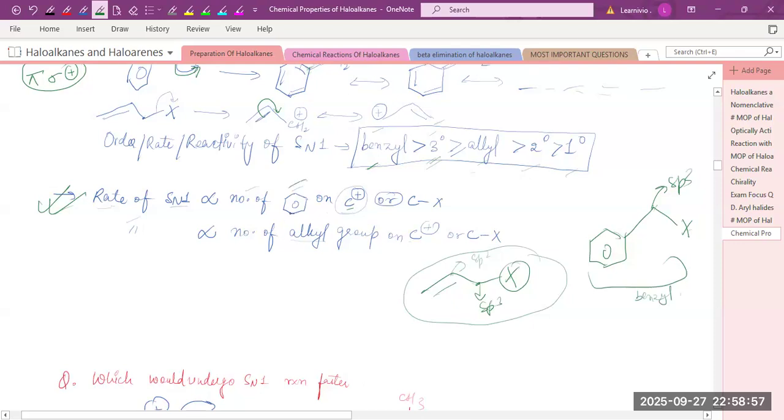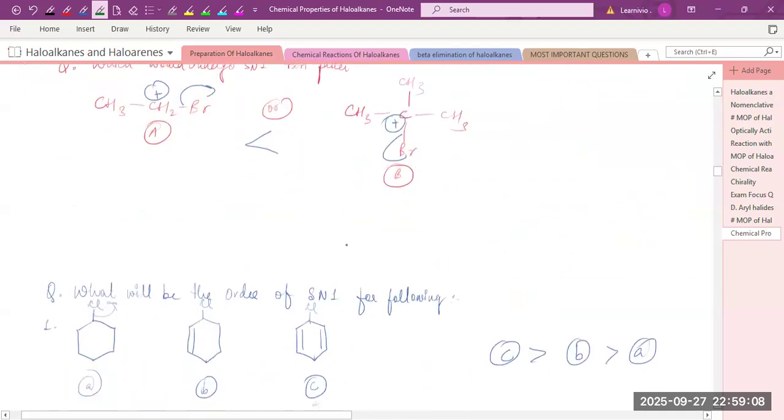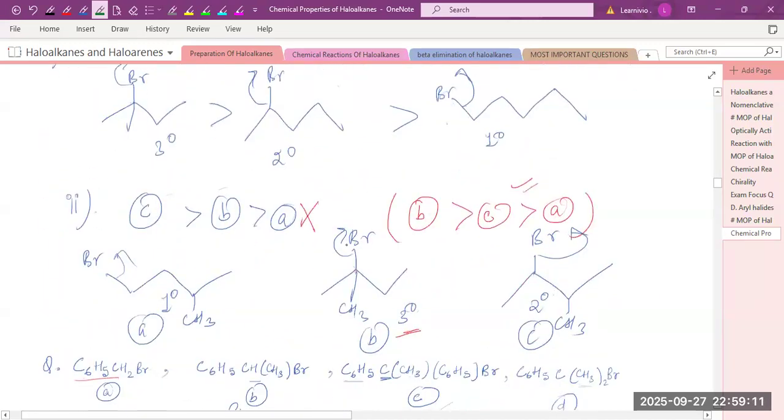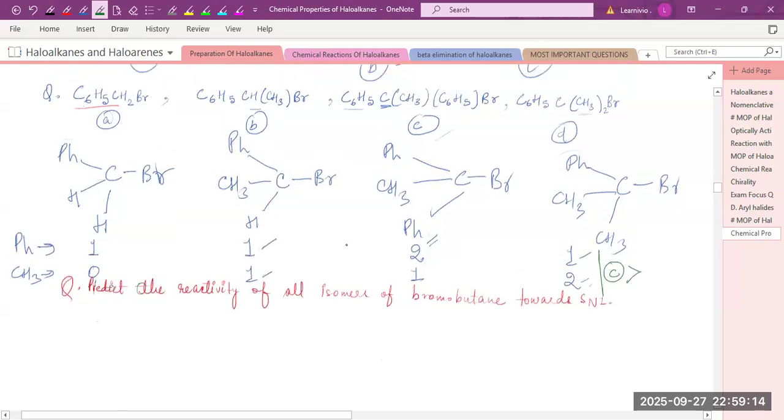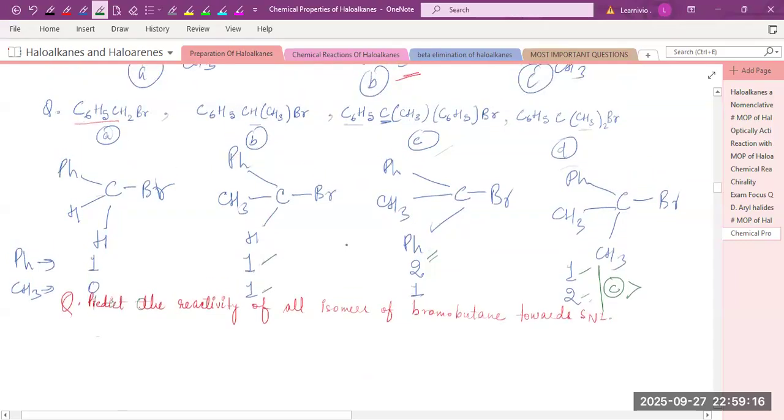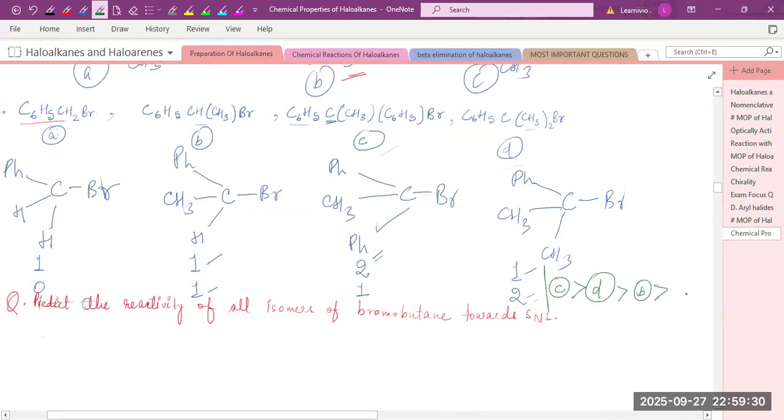So the more the number of alkyl groups and phenyl rings, the more will be the reactivity towards SN1. So between B and D, which will it be? D. After C, whose reactivity is greater? D. After D, it's quite clear, then B. That's the order of reactivity towards the SN1 reaction. Okay, Ali?